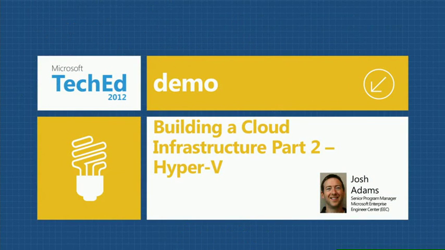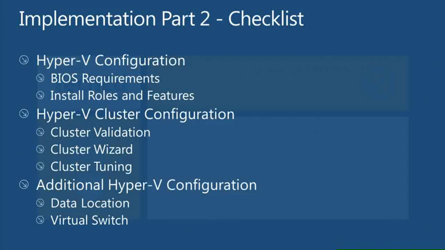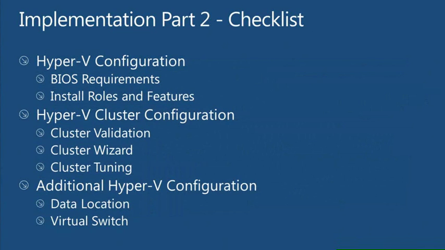So, if the demo were working, what I would have done is the Hyper-V cluster. I would have set the BIOS to support SR-IOV and installed the Hyper-V role on the compute cluster. And then I would go through cluster validation like I did on the storage cluster.